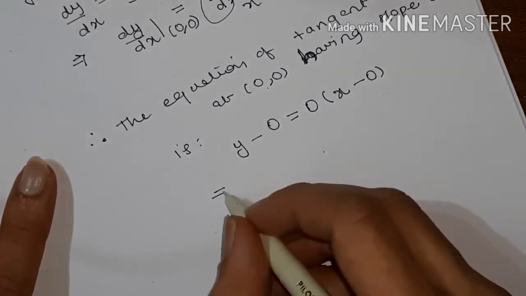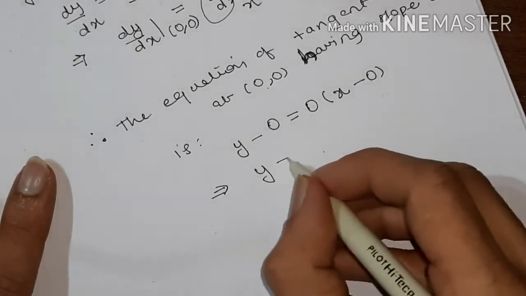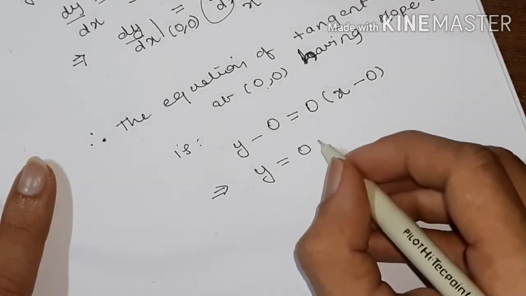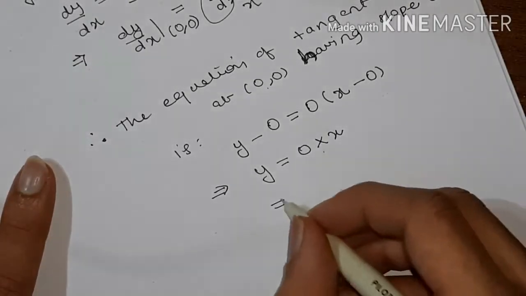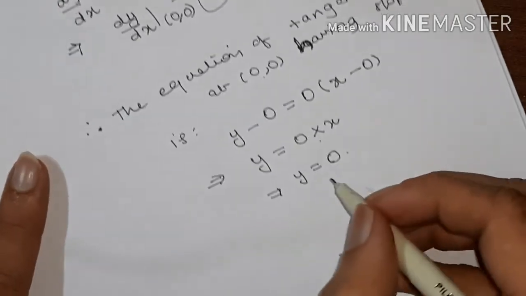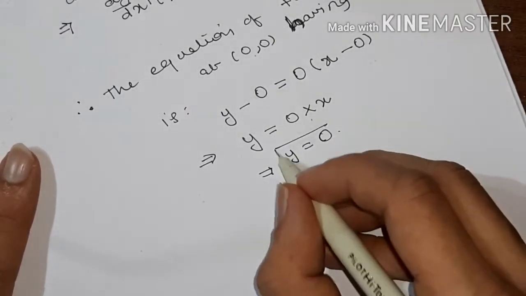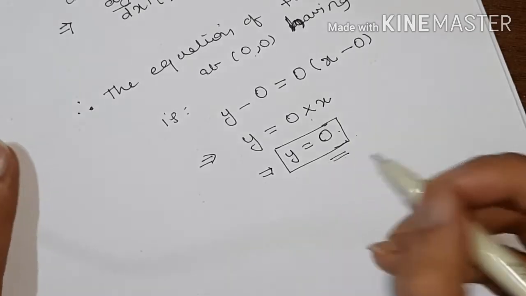Okay, so that means what, y is equal to 0 times x. That means y is equal to 0. So this is the equation of the tangent.